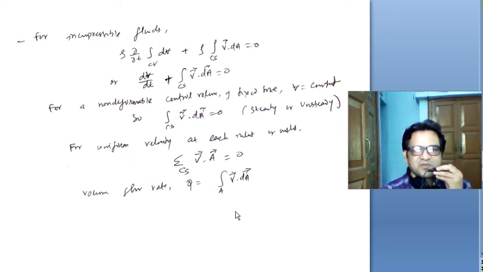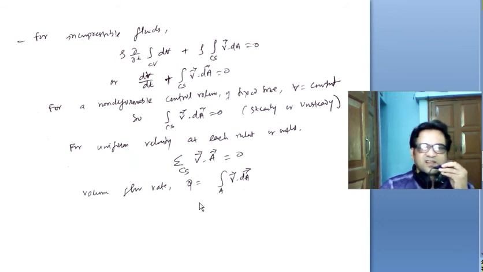Basically in most cases we will encounter incompressible flow, so the summation of all volumetric flow rates will be 0. This is the simple continuity equation we got from the integral analysis using the Reynolds transport theorem.